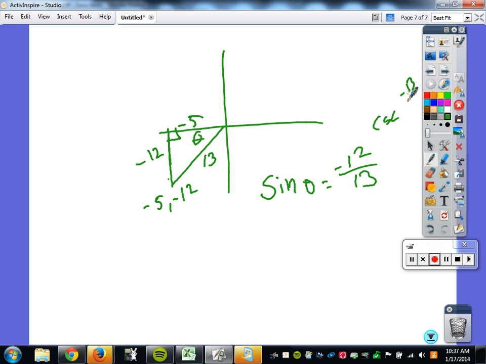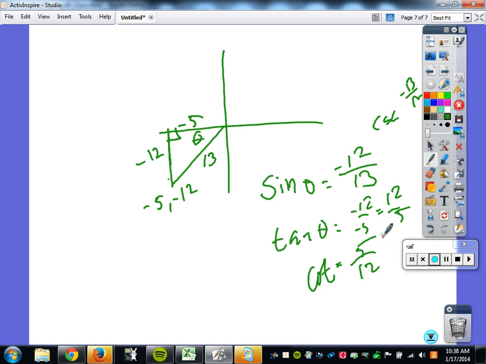Negative 13 over 12. Did you see that? If I said, what is your tangent of theta? Remember, it's y, which is negative 12 over negative 5, which is 12 fifths. Y over x, right? Okay. So if I ask you for the cotangent, it is x over y, so that would be 5 over 12. Okay. Get the idea of what I'm going for there.